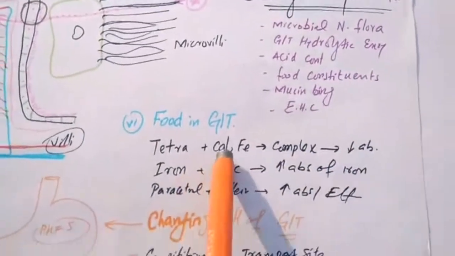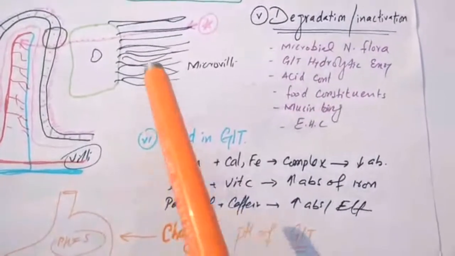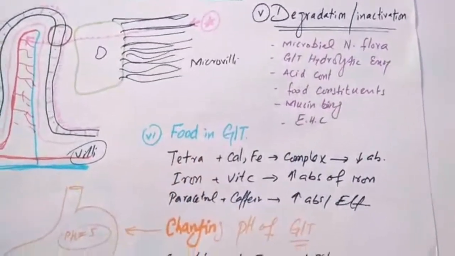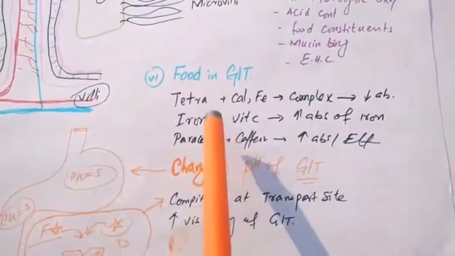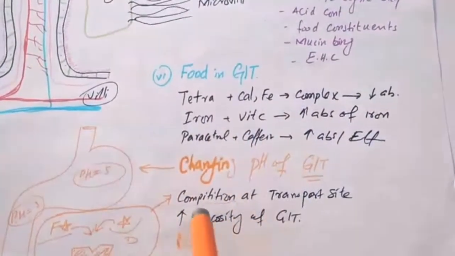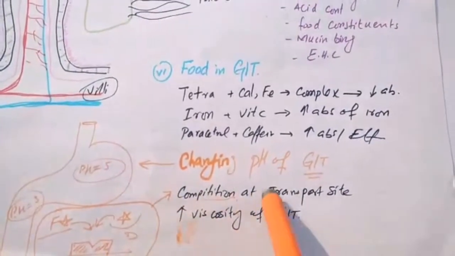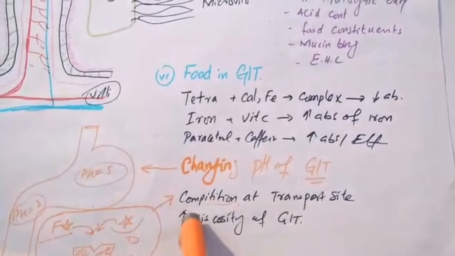Food in the GIT, this is number 6. Food in the GIT disturbs drug absorption through complex formation, through changing the GIT pH, by competition at the transport site, and by increasing and disturbing the viscosity of the GIT.